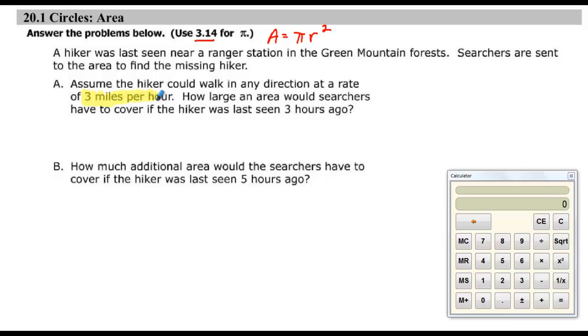The hiker is traveling at 3 miles per hour and left 3 hours ago. This 3 miles per hour is part of the radius of our circle. It tells us how far they can travel.